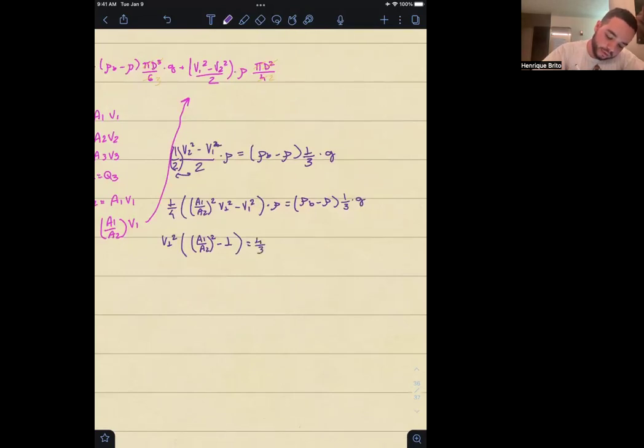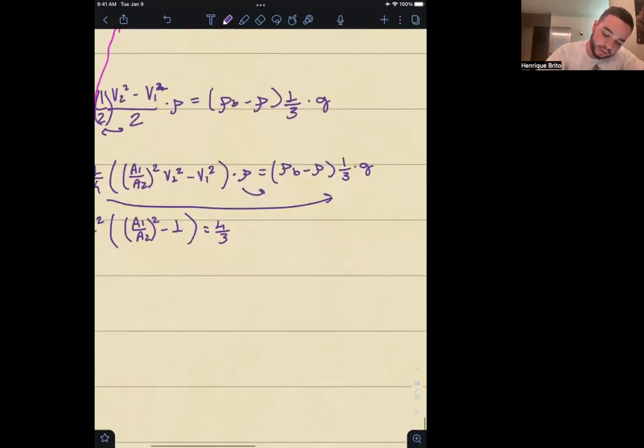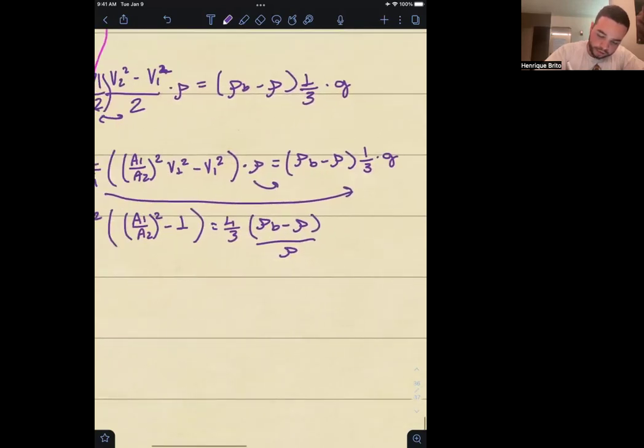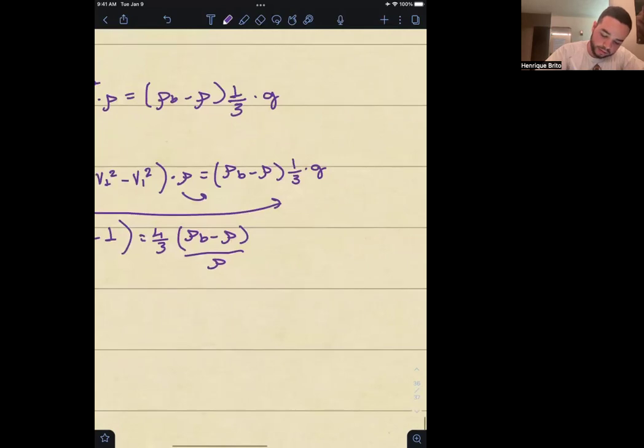So just moving this 4 over to that side, and I'm going to move this over to that side as well. All right, times G. That's what we have for now.